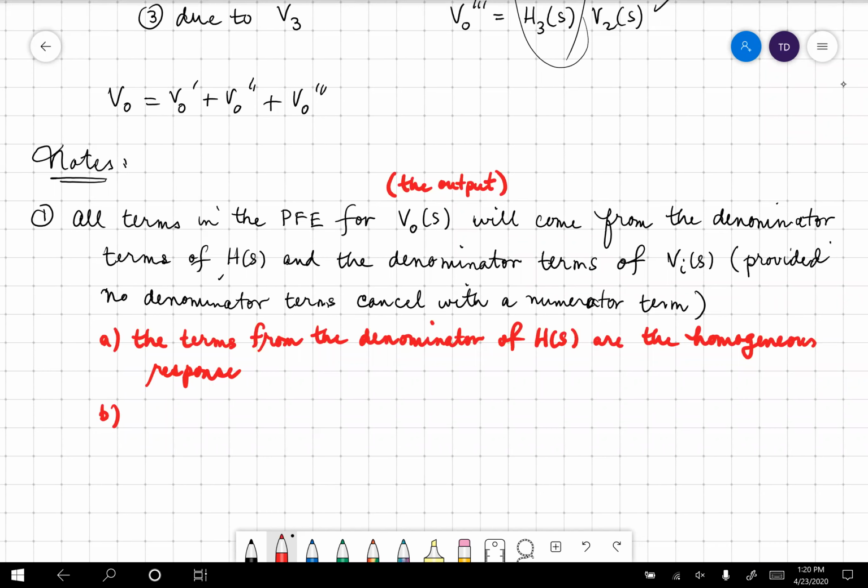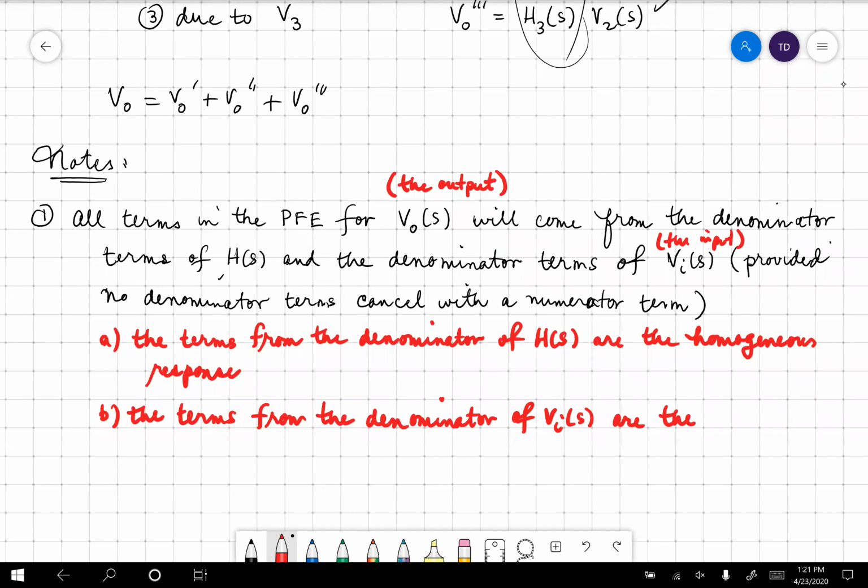And then the terms from the denominator of, in this case, VI, the input, those are going to be the forced response terms.